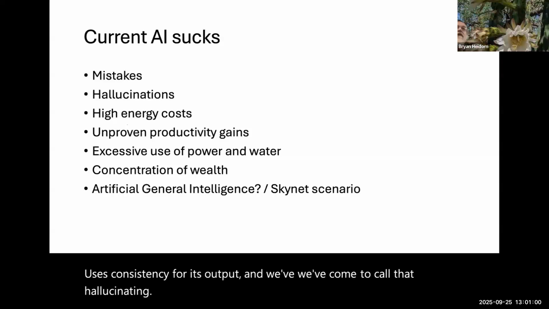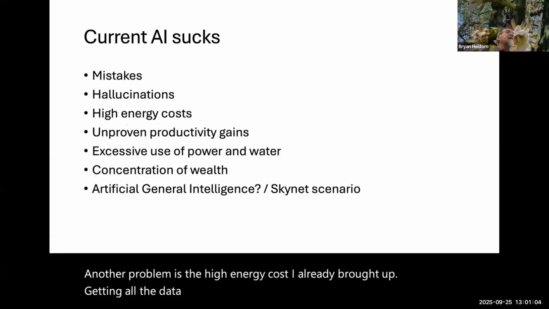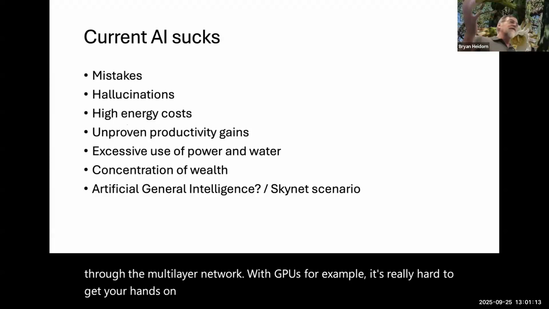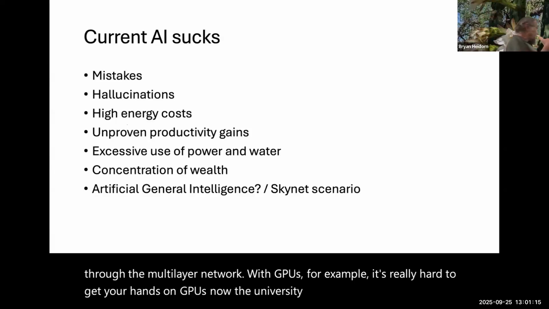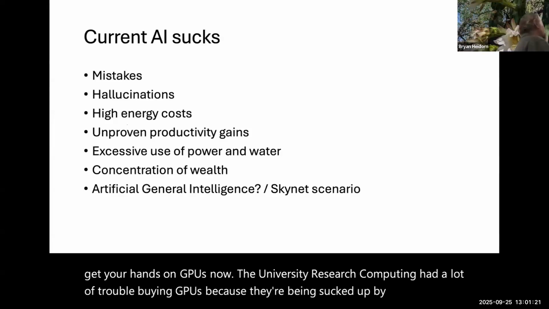Another problem is the high energy cost I already brought up. Getting all the data in, managing the data, and then processing the data through the multi-layer network. With GPUs, for example, it's really hard to get your hands on GPUs now. The university research computing had a lot of trouble buying GPUs because they're being sucked up by industry to run these big models.